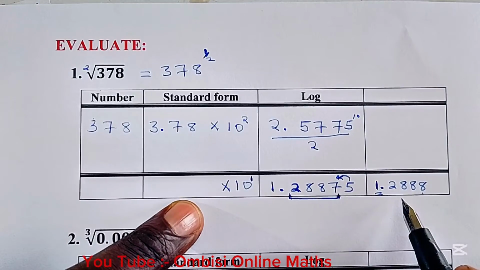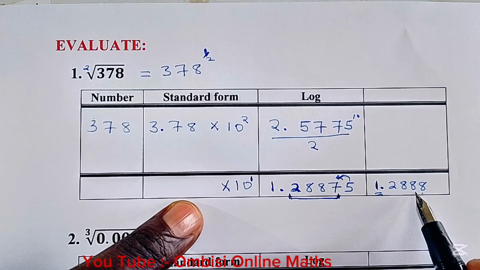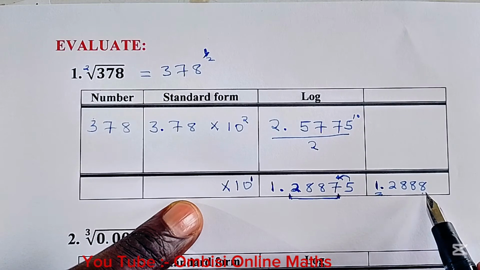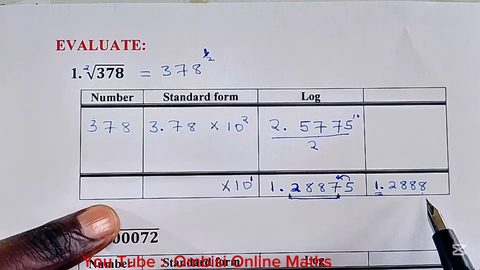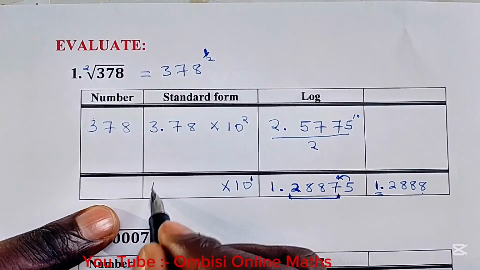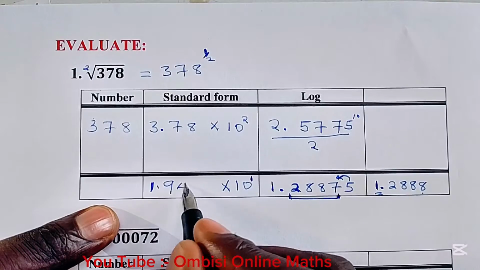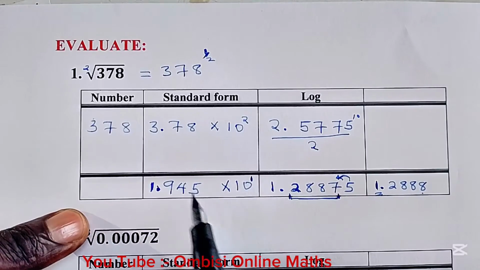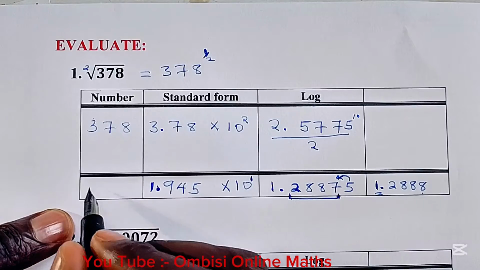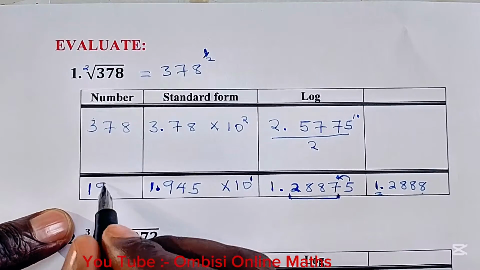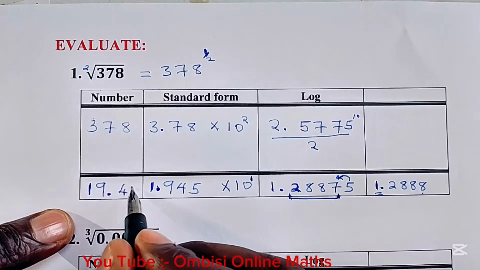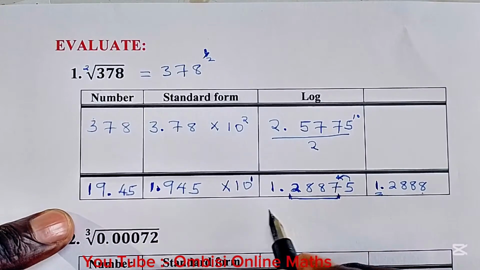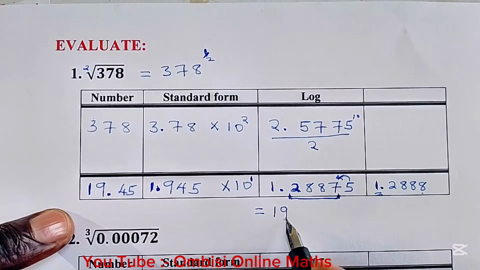Then you look for the antilog of 28 in the column of 8, then add what is in the column of 8. And you find it is 1.945. Now 1.945 times 10 raised to 1. That means the decimal point moves ahead one step. It gives us 19.45. So this sum, its answer is 19.45.